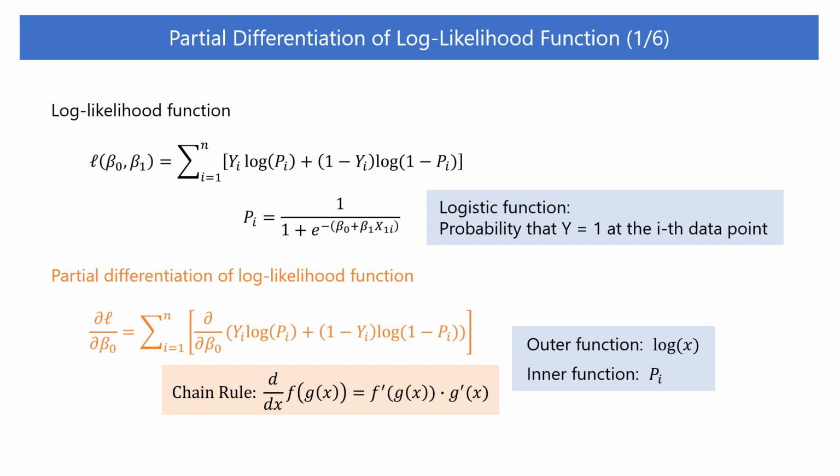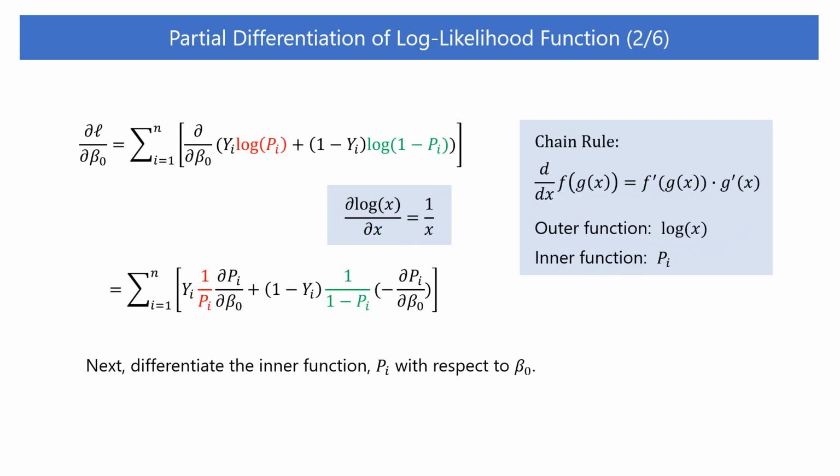To perform the partial differentiation of the log likelihood with respect to beta 0, we can apply the chain rule. The outer function is the logarithmic function, and the inner function is pi. First, the derivative of the logarithmic function, which is the outer function.